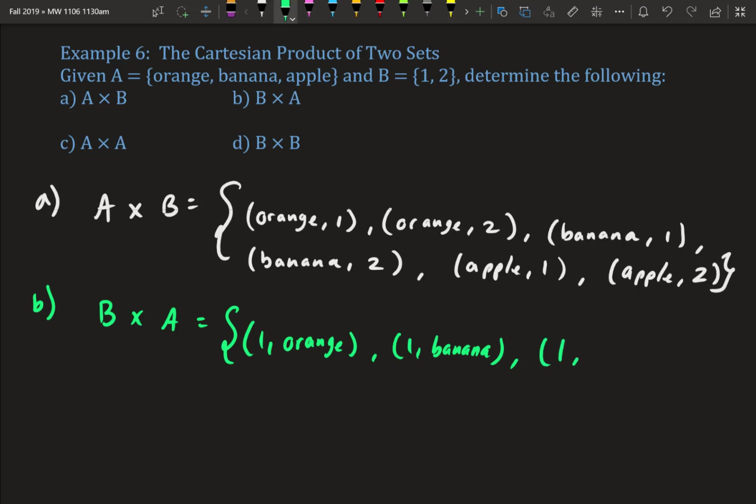Not bad. And then we did 1 orange, 1 banana, 1 apple. Now we can do 2 orange, 2 banana, and 2 apple.